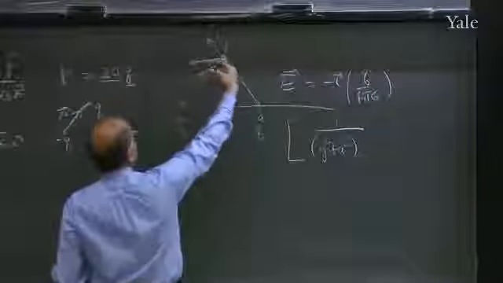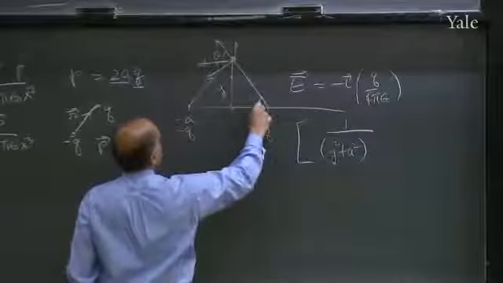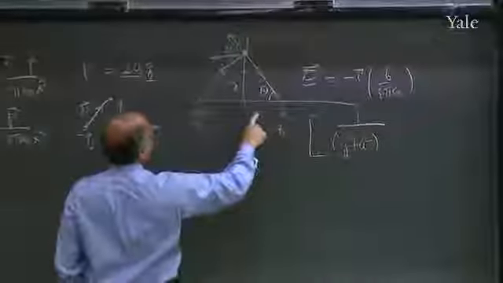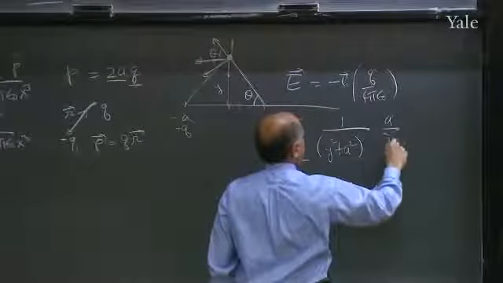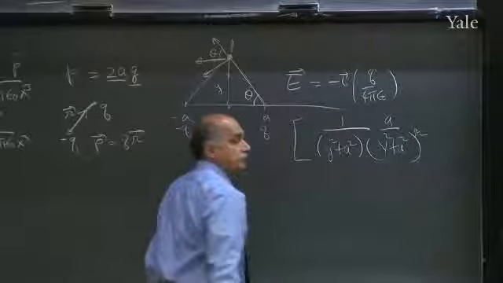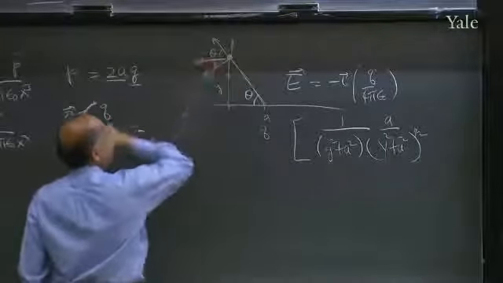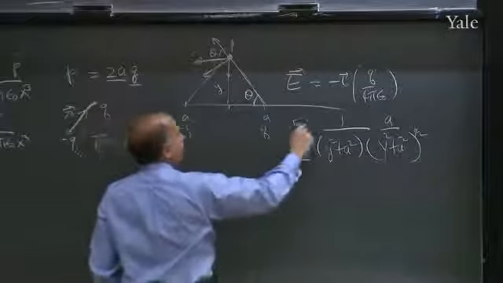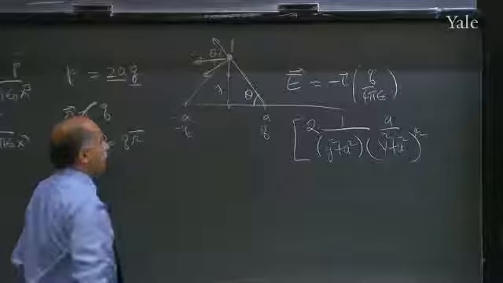But I want the horizontal part of this. So I want the cosine theta. That is the same as this one. The cosine theta is a divided by (y squared plus a squared) to the 1/2. See, you want to take that force and find its horizontal part. Then I'm going to put on another 2 because this is going to contribute an equal horizontal part.